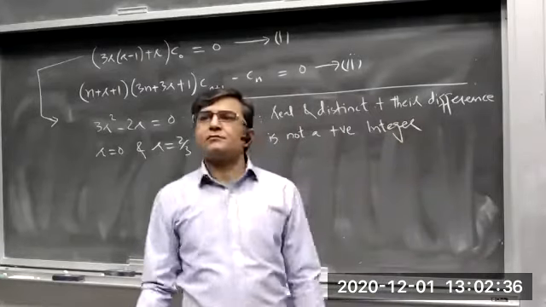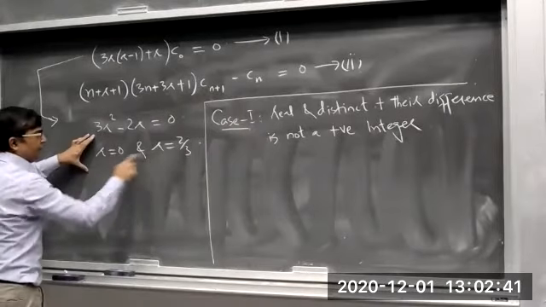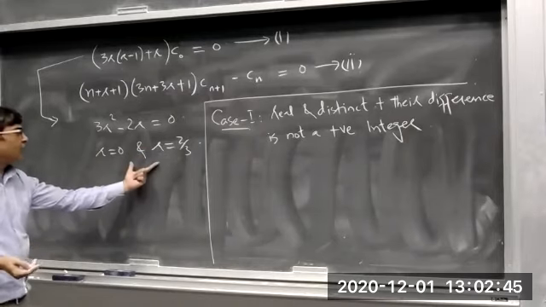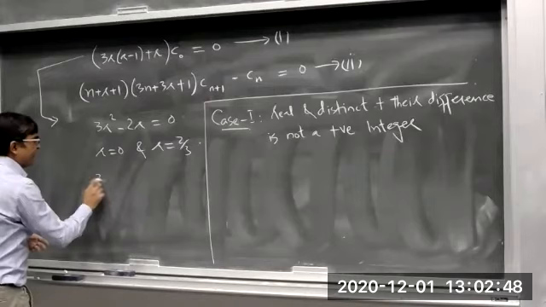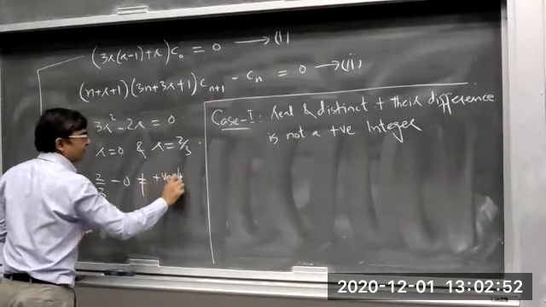In this case, the roots are real and distinct, and their difference is not a positive integer. You can see that here: the difference 2 by 3 minus 0 is not a positive integer.